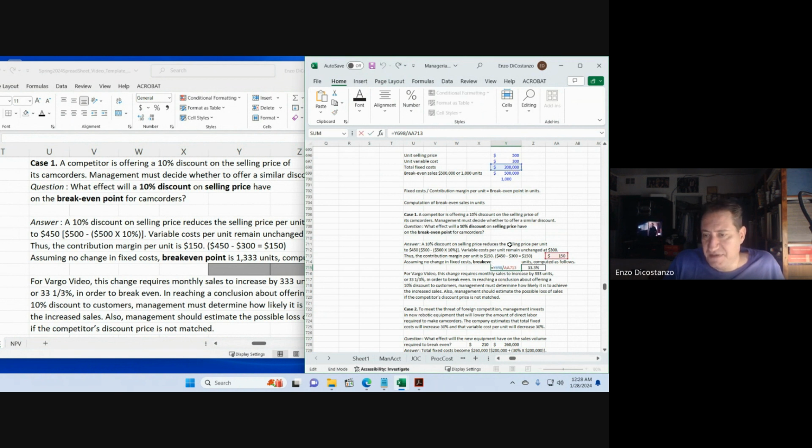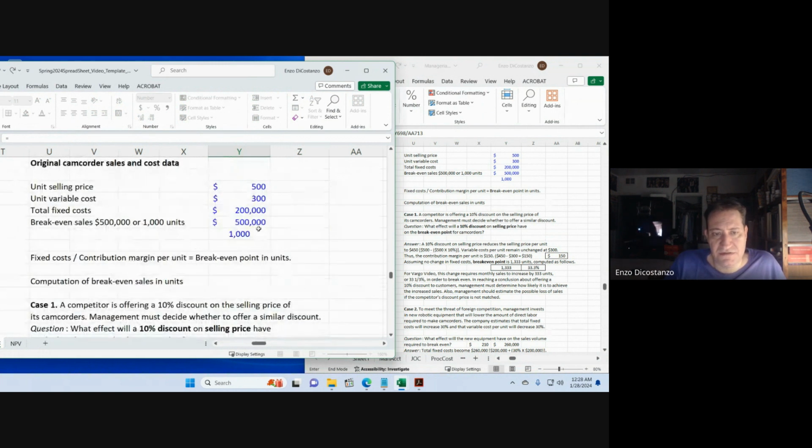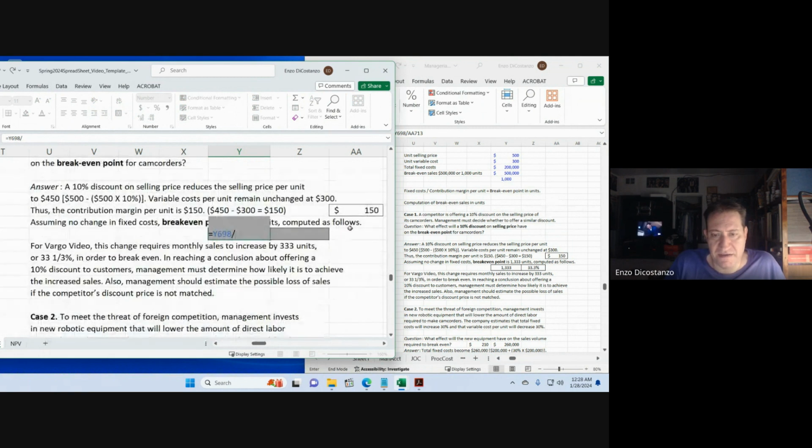In terms of units, it equals fixed divided by 150. So I need to sell 1,033 units to cover my fixed costs at the reduced price.